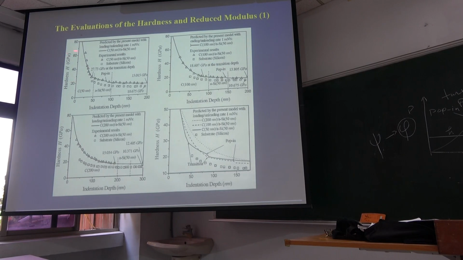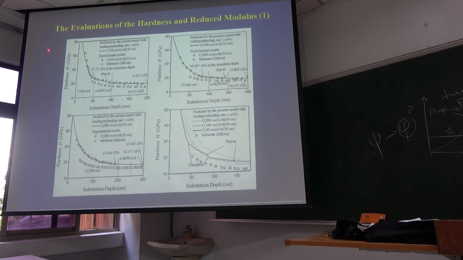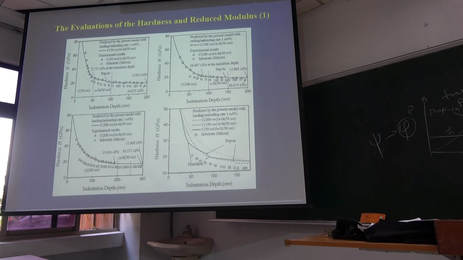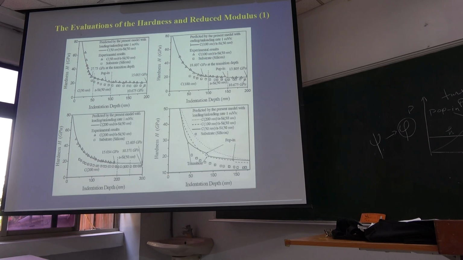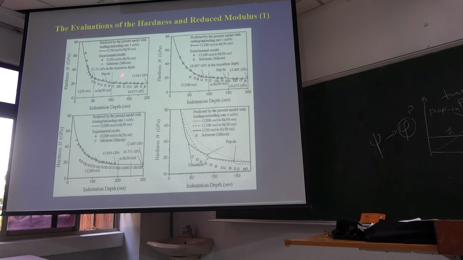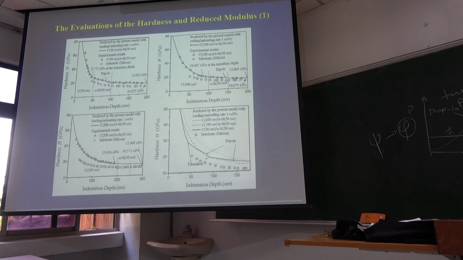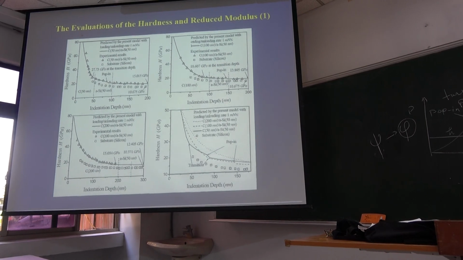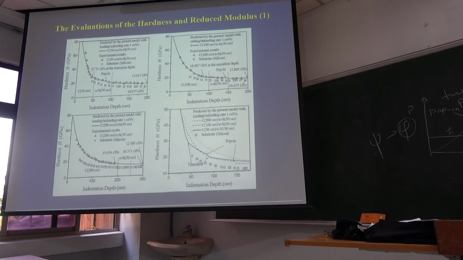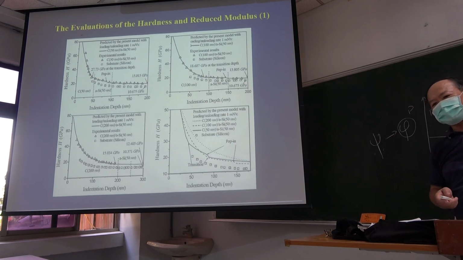Hardness in general varies in the GPa, gigapascal, 10 to 90 GPa. So for the hard thin film in general, the hardness is within GPa. If your unit is MPa, megapascal, in this case, it's wrong. That's very important, because you are engineering students.